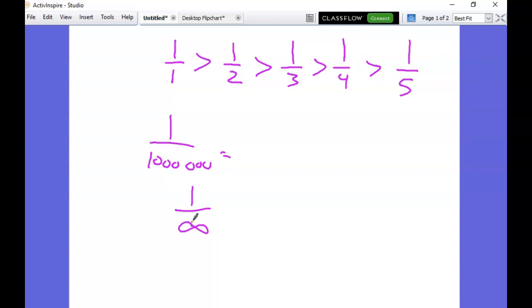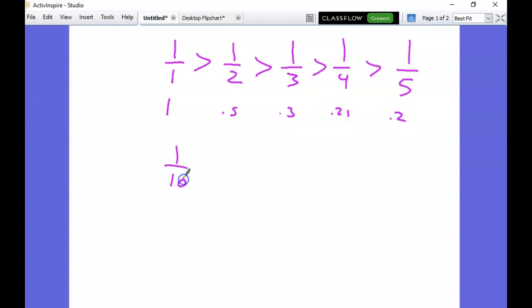Let's look at decimals. It might help you if we look at decimals first, okay? So what's this equal? 1. 0.3. How about 1/10? How about 1/100? How about 1/1,000,000? 0.0000000.